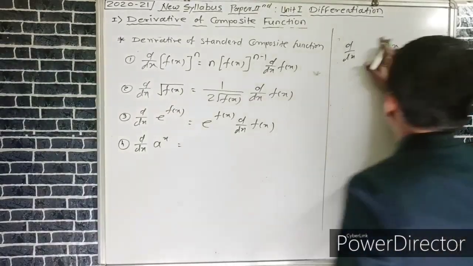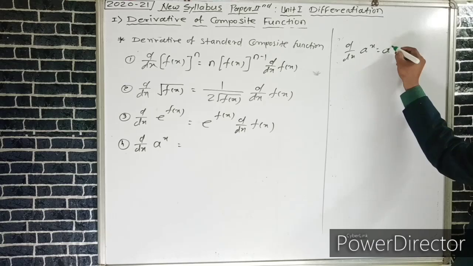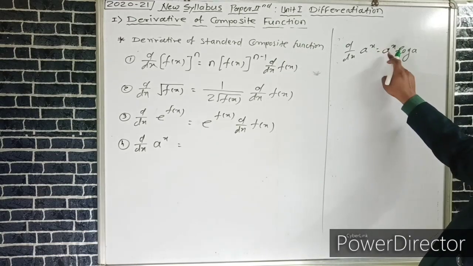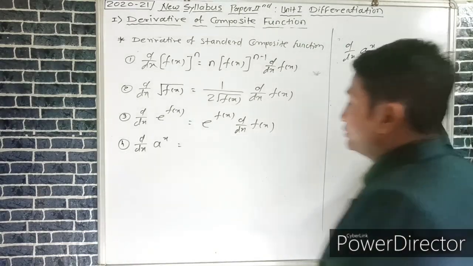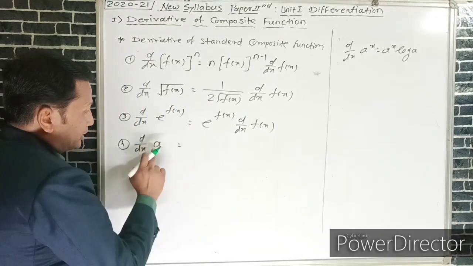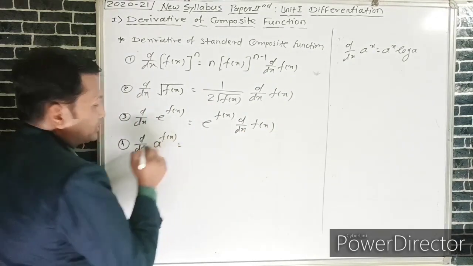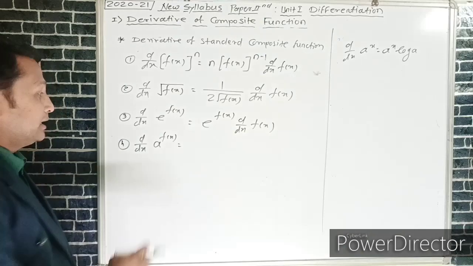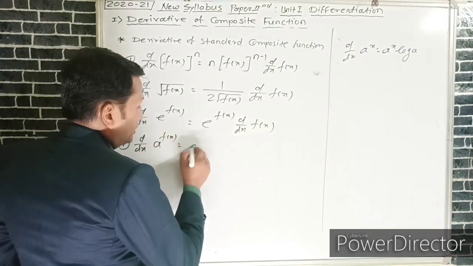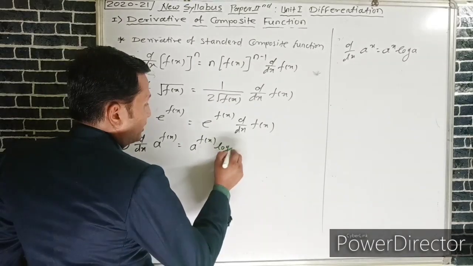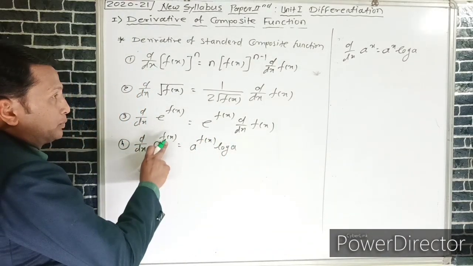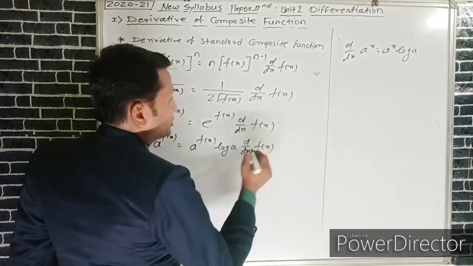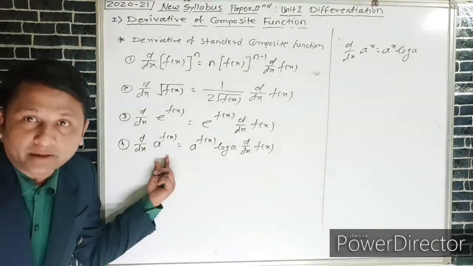We know that the derivative of a to the power x is equals to a to the power x into log of a. इथं ए टू द पॉवर एक्स चा डेरिव्हेटिव्ह ए टू द पॉवर एक्स इंटू लॉग ऑफ ए. इथं तुमच्याजवळ डेरिव्हेटिव्ह फाइंड आउट करायचा आहे. ए टू द पॉवर एक्स च्या ऐवजी एफ ऑफ एक्स दिलेला आहे, एक्स रिप्लेस बाय इट्स फंक्शन. देन वी कॅन राईट द डेरिव्हेटिव्ह ऑफ ए टू द पॉवर एफ ऑफ एक्स इज ए टू द पॉवर एफ ऑफ एक्स इंटू लॉग ऑफ ए. एफ ऑफ एक्स ला कंपोज करून एक्स कन्सिडर केल्यामुळे आपल्याला एफ ऑफ एक्स चा परत डेरिव्हेटिव्ह घ्यावा लागेल, विच इज अ स्टँडर्ड डेरिव्हेटिव्ह ऑफ ए टू द पॉवर एफ ऑफ एक्स.